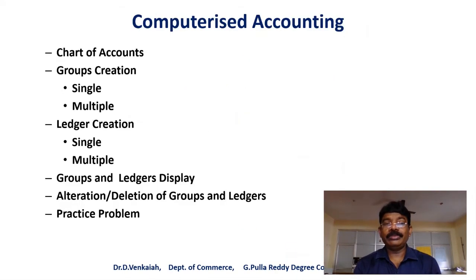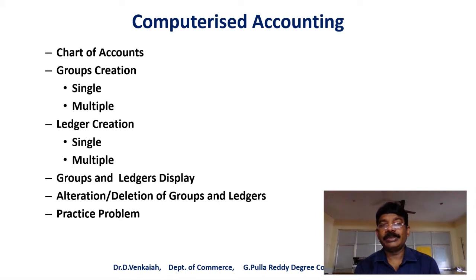Now, coming to what we are going to learn in the coming slides: chart of accounts. There is some mapping. The balance sheet is divided into some portions: on the liability side, capital, under capital equity, reserves; on the asset side, fixed assets, current assets, loans and advances, like that.